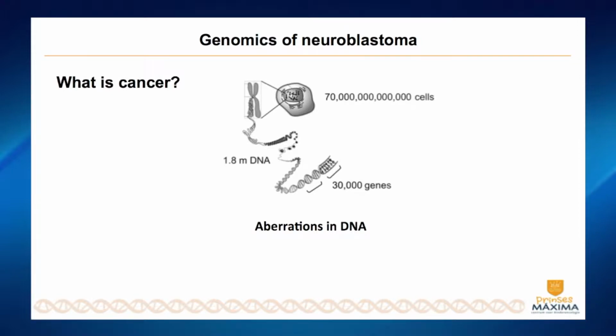And there are two types of aberrations, in my opinion: genomic aberrations, so really copy number changes, mutations, structural variations, and the epigenome, so aberrations in the structures that support the genome. In this talk, I will focus on the genomic aberrations, which in my opinion can be subdivided very simply.